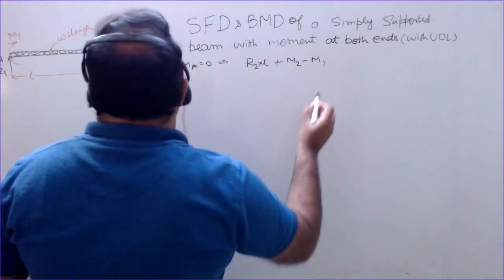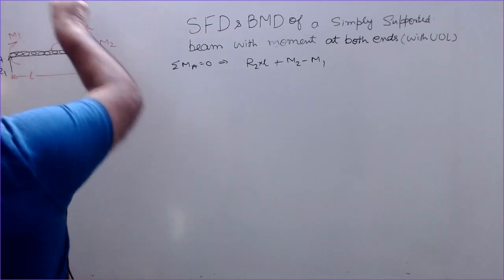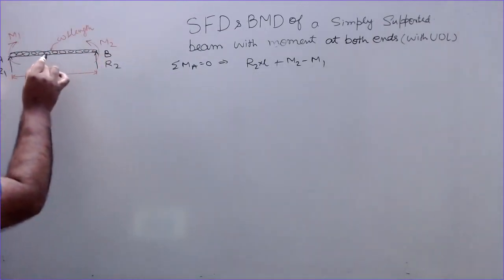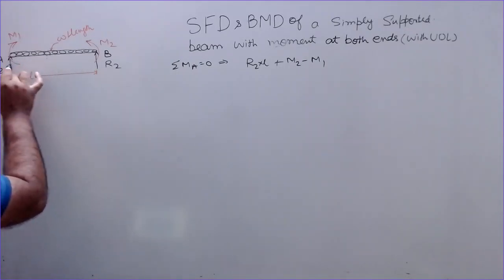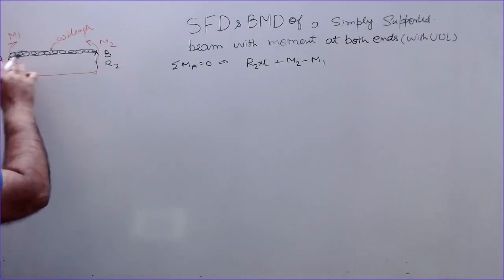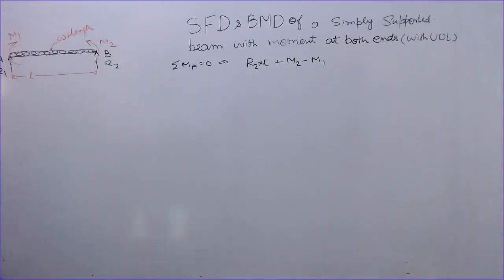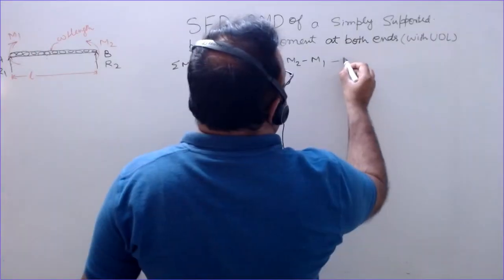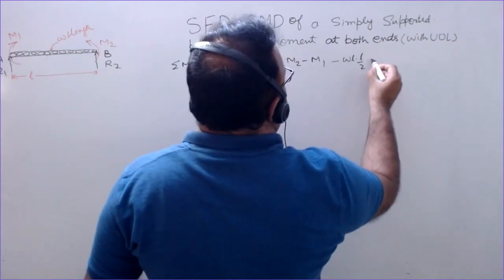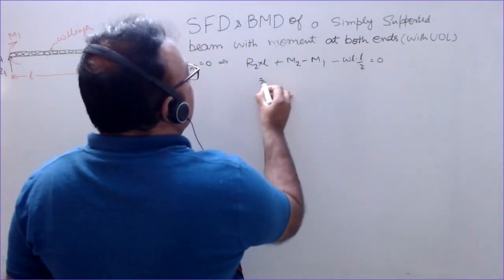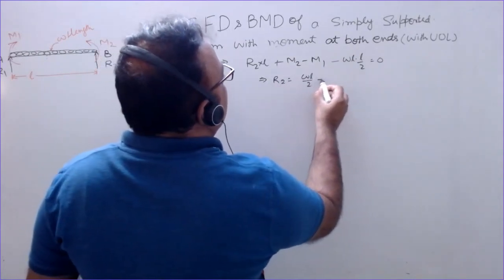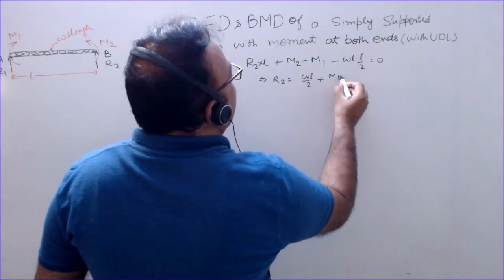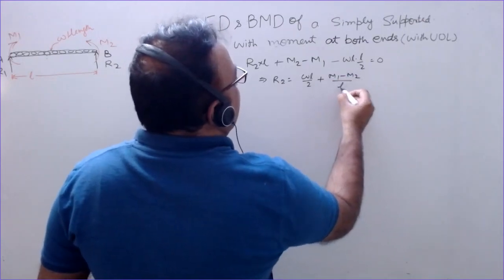M1 is in opposite direction at this point, and this load WL at a distance L by 2 here is having a moment in clockwise direction. So about this it is having clockwise moment, so negative. So minus WL into L by 2 is equal to 0. So we get R2 is WL by 2 plus M1 minus M2 divided by L.